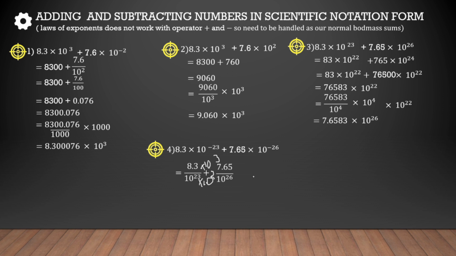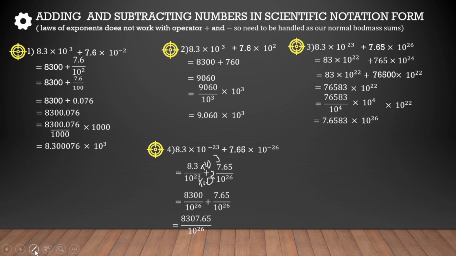So what will happen? This will become 8300, 8.3 into 10 raised to power 3, 8300, and this will become 10 raised to power 26. Now we can easily add them up, which is 8307.65. Okay, and this is 10 raised to power 26.